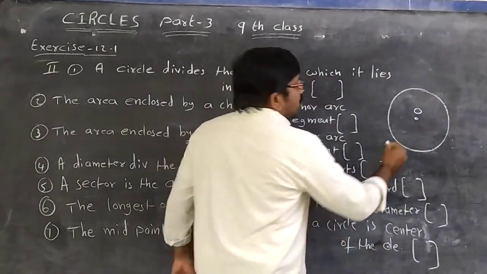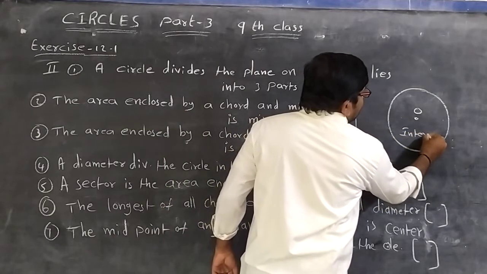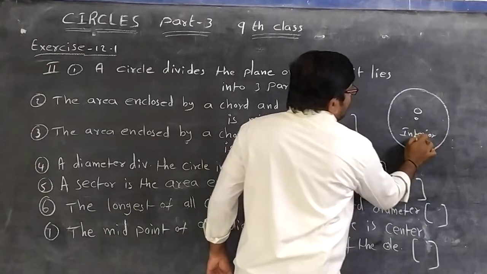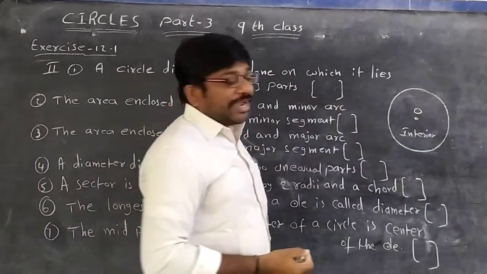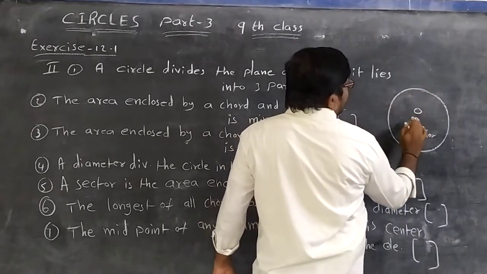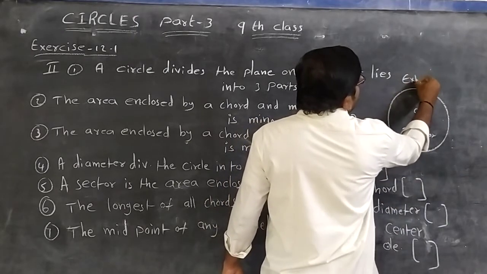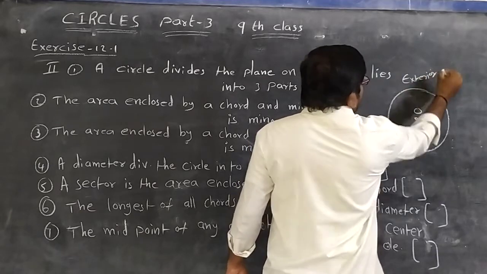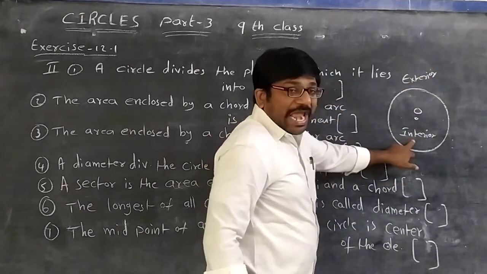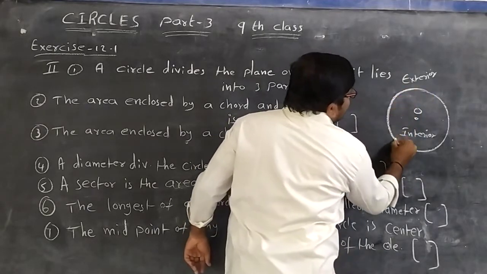So how? This is the interior part, right? And this is the exterior part, outside. Interior and exterior, and the part on the circle.